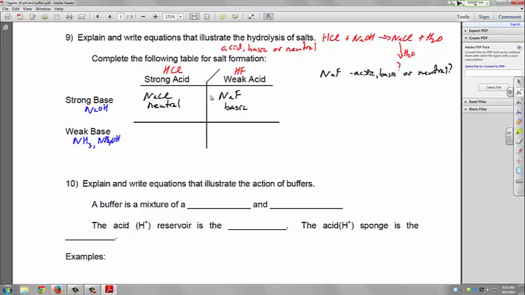How do you know? First thing, split it up into the ions. So you have to know, okay, sodium is the positive ion, fluoride is the negative ion. Second step, the cation comes from the base.